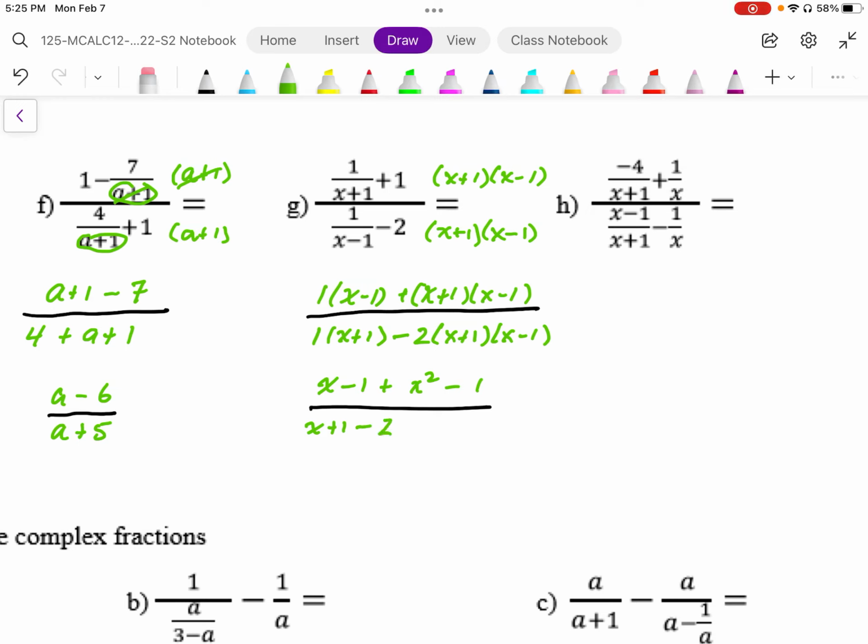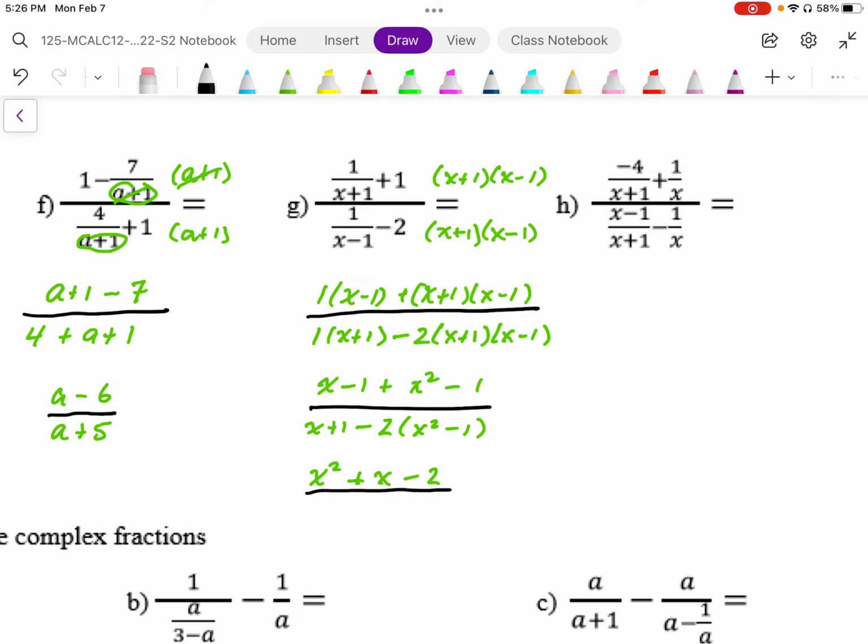This is going to be minus, in fact, I'm just going to use brackets. And then, so that's going to be negative 2x squared. Okay, so then working that out, I get x squared plus x minus 2 in the numerator.